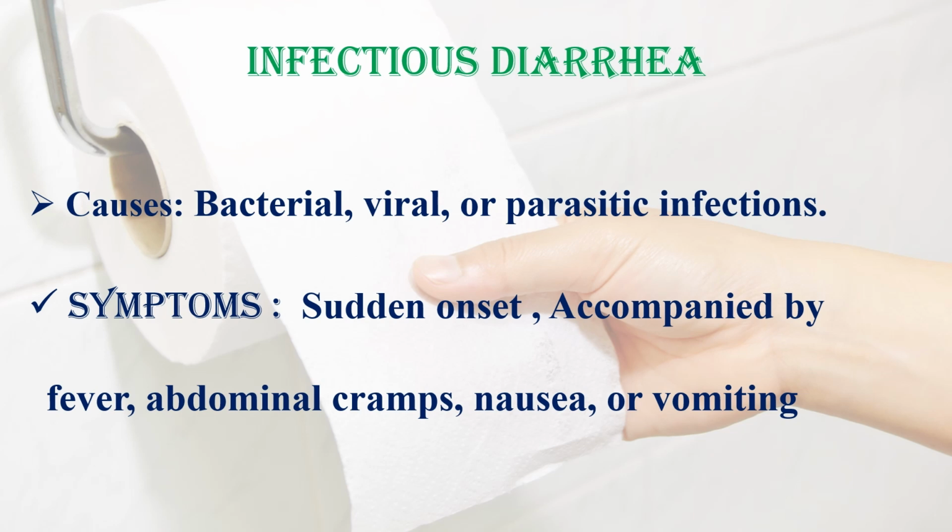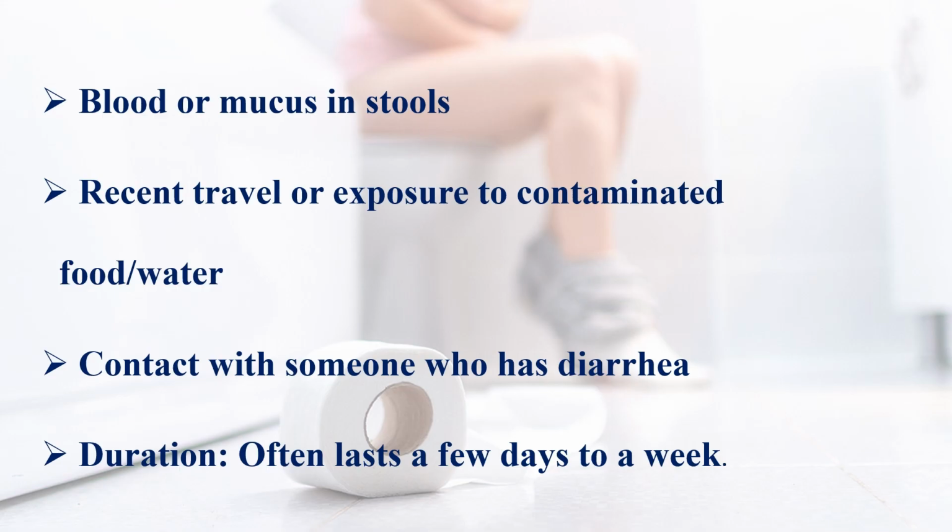Symptoms like sudden onset, accompanied by fever, abdominal cramps, nausea, or vomiting. Check for blood or mucus in stool. Recent travel or exposure to contaminated food or water. Contact with someone who has diarrhea. Duration often lasts a few days to a week.